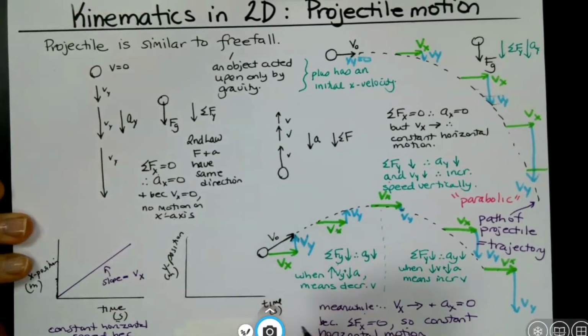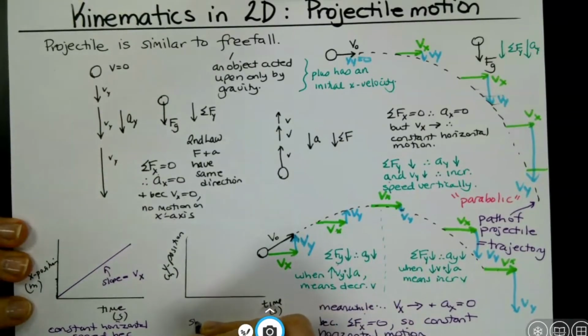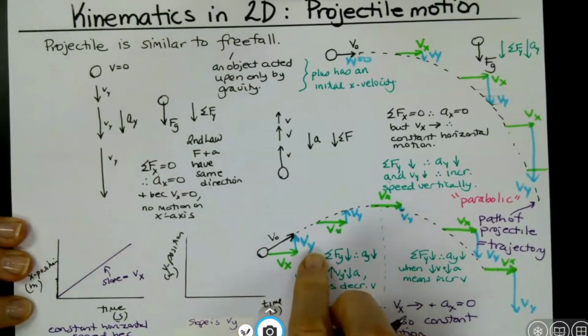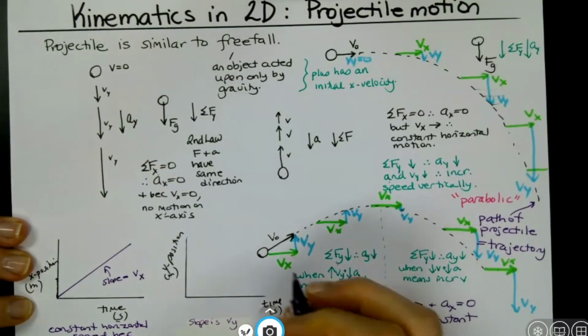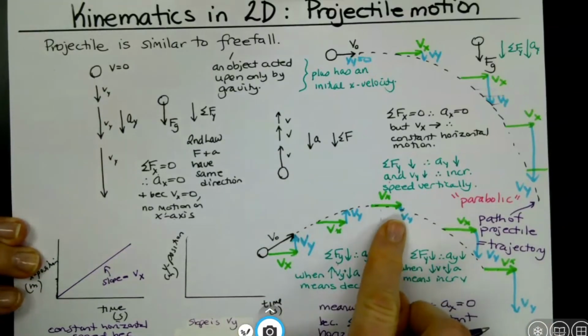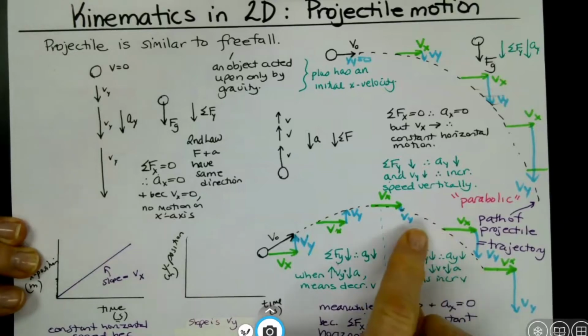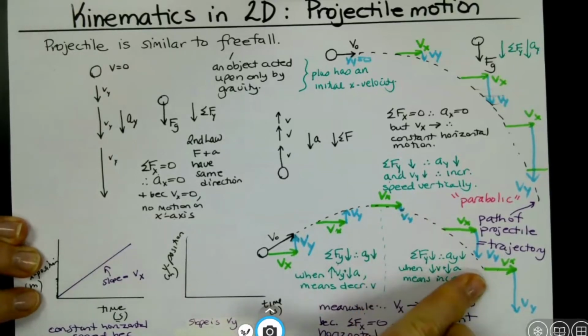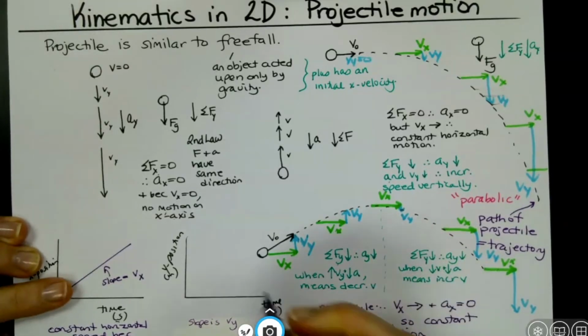For the y position versus time graph, again, we know the slope is going to be our vy, and here velocity points up, so it's positive, so we're going to have a positive slope. This part here, we're going to have a negative velocity, so we're going to have a negative slope.